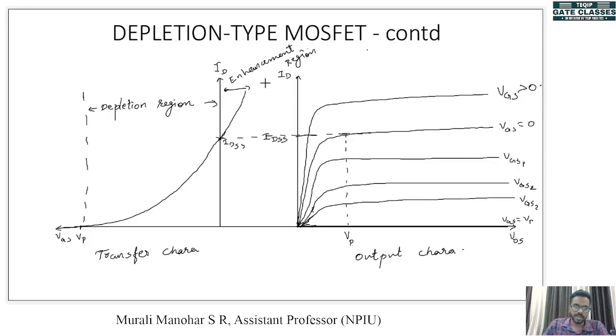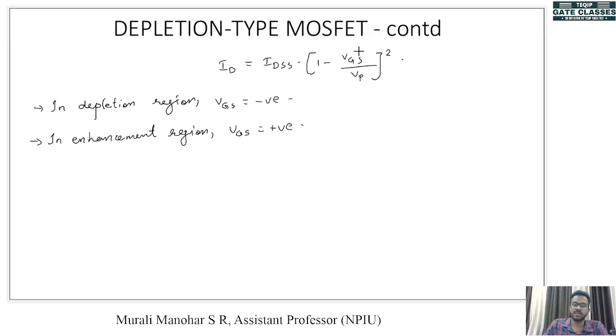So if you want to find out the values of ID, you have to just substitute negative and positive values here. That will give us the values of ID. So this is the construction, operation and characteristics of depletion type MOSFET.